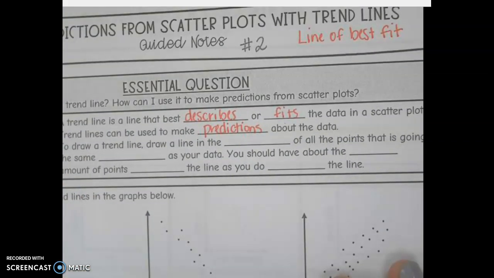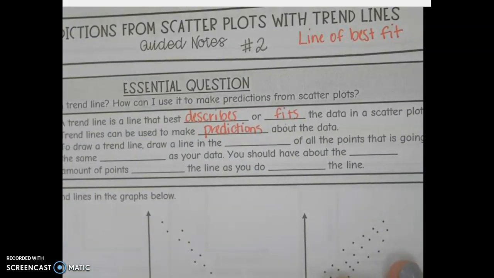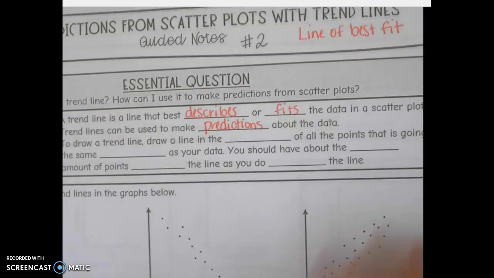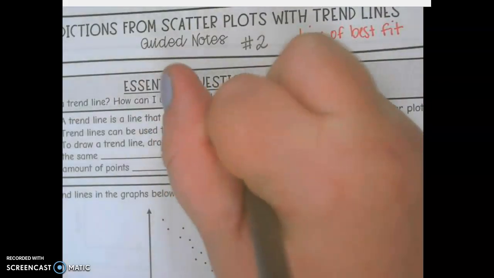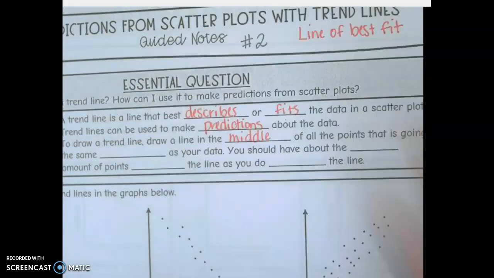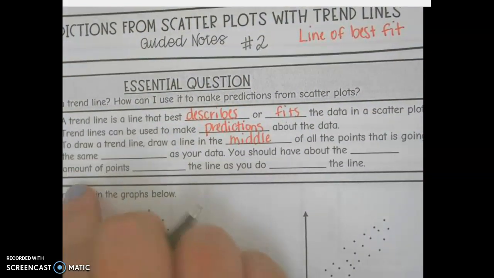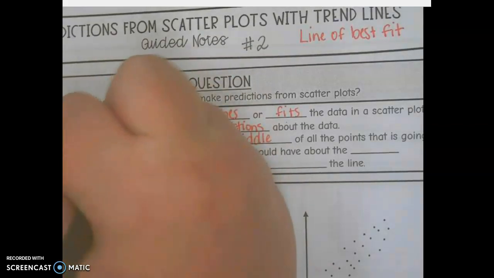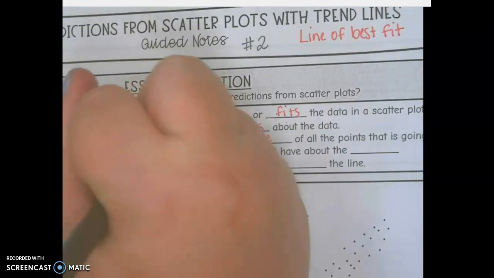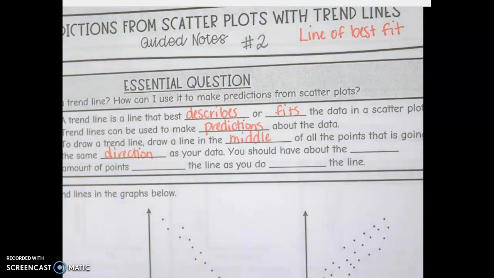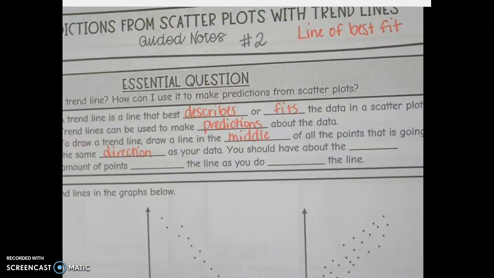Our next thing is to draw a trend line. Draw a line in the middle of all of the points that is going to have the same direction as your data. So if our data is going up positive, then our line's going to go up positive.